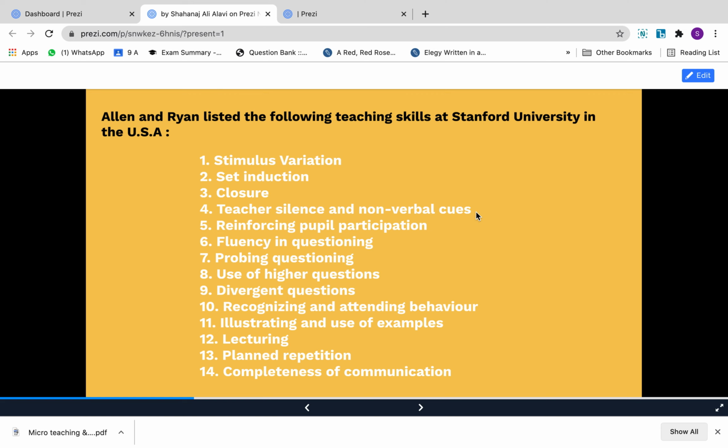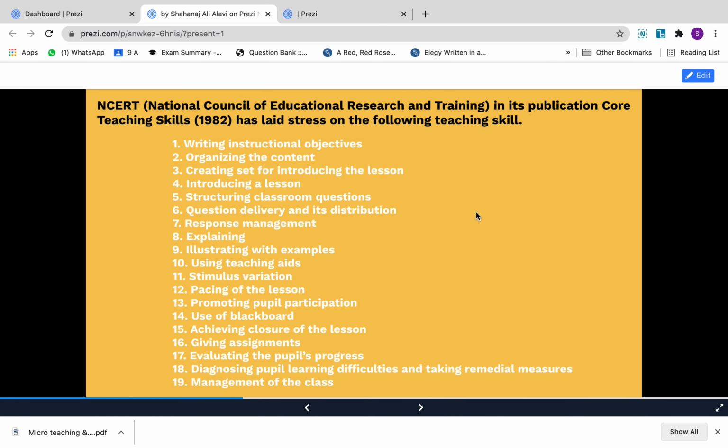And then just like them, NCERT published its own core teaching skills in 1982.